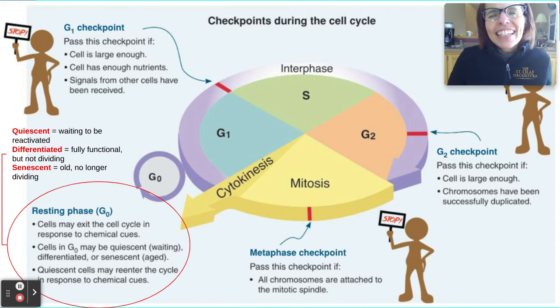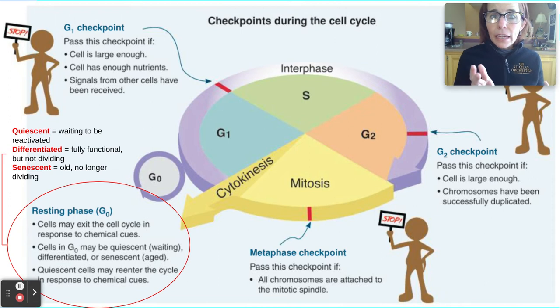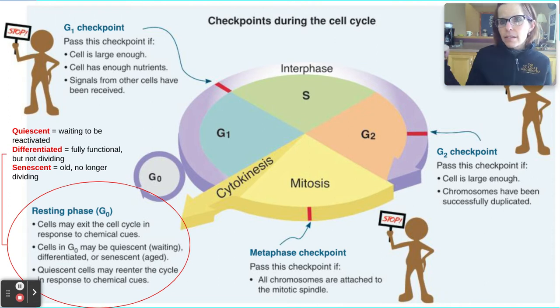It's a crazy idea. It has to do with enzymes and signals that are being received. It's a very crazy concept that it can check on itself. But anyway, if the cell has not correctly replicated its DNA, those mistakes need to be repaired, or the cell has to step out and no longer divide.